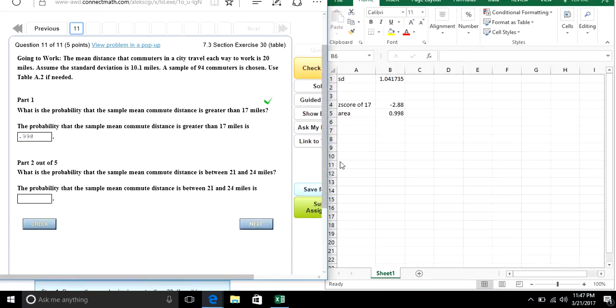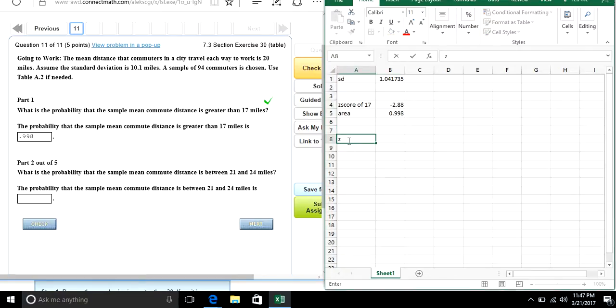Next, the probability that the sample mean is between 21 and 24. So we find the z-score of 24. I just like to do the greater number first. You can find the z-score of 21 first or 24, it doesn't matter. Then we'll find the area below, then the z-score of 21.